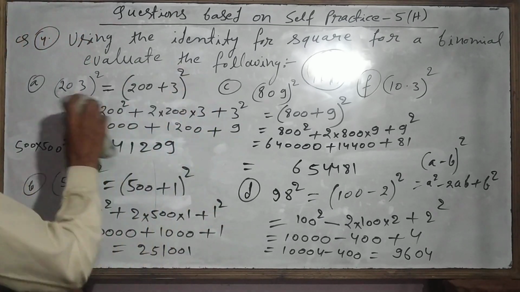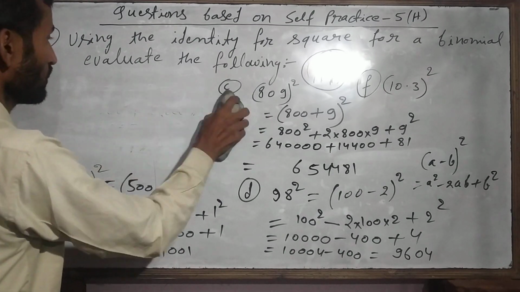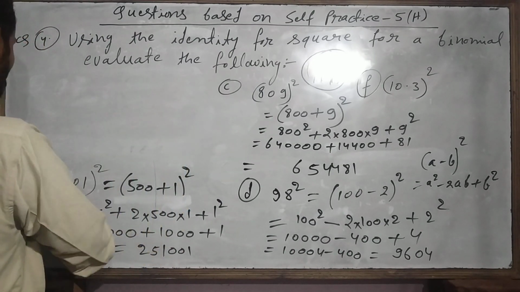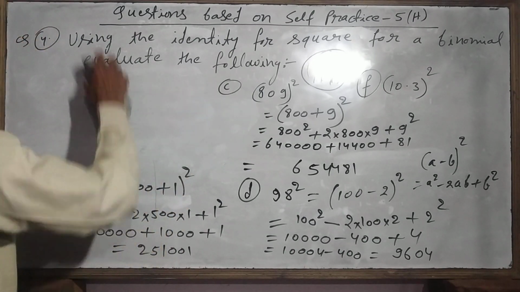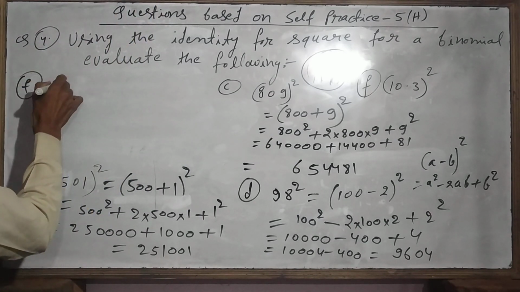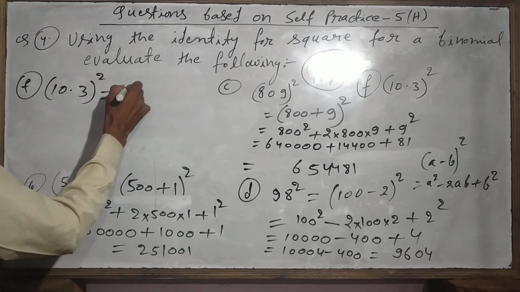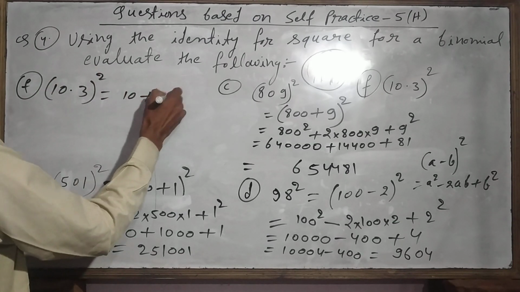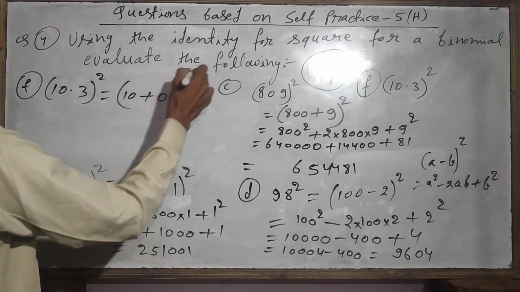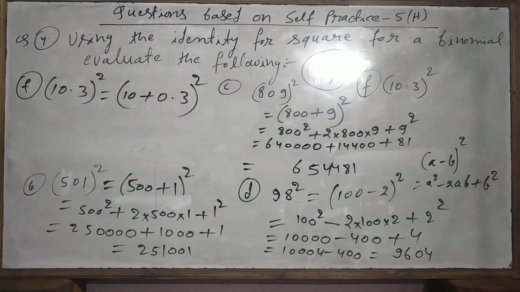Okay, next one, F part I will do on this side. So 10.3 whole square. What will we do in this question? Here point is there. So 10.3 whole square, what will we do here? 10 plus 0.3 whole square. Okay, we can write like this.